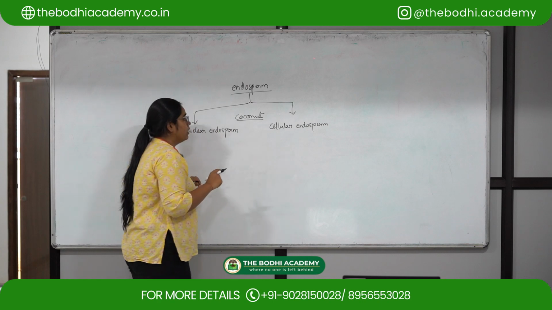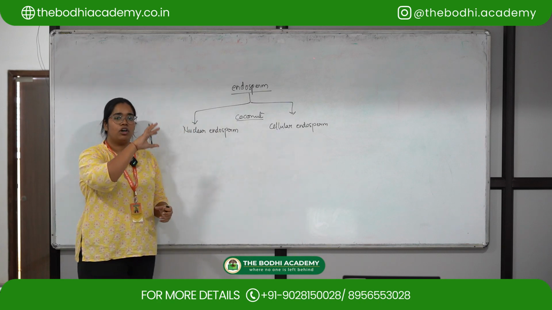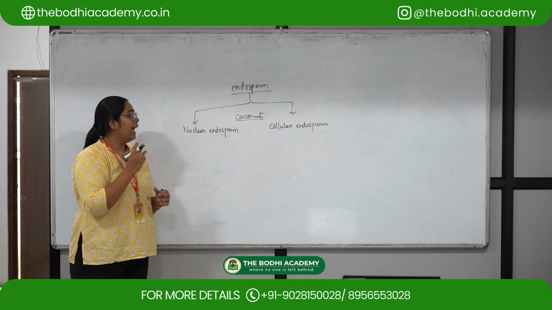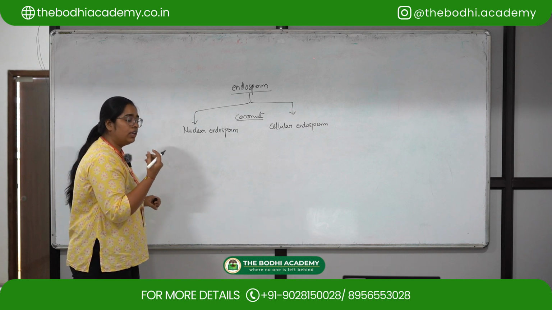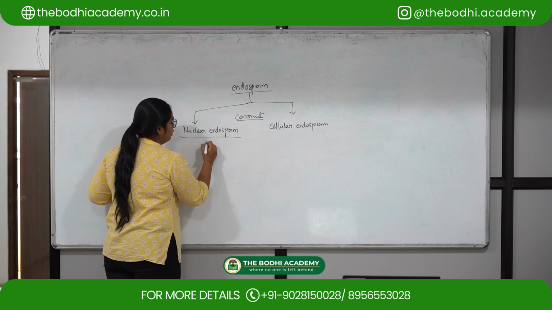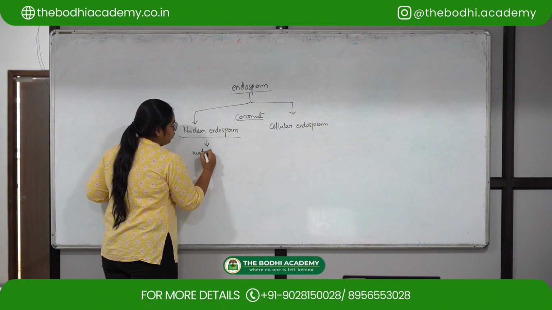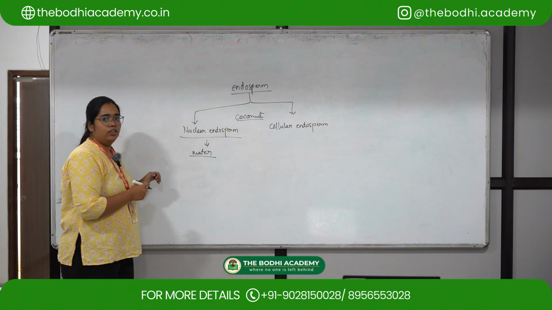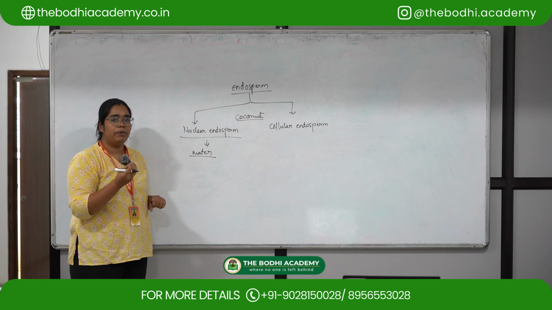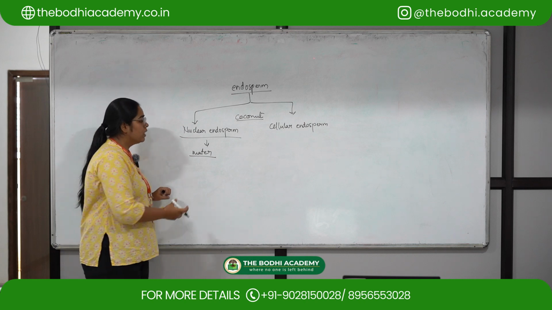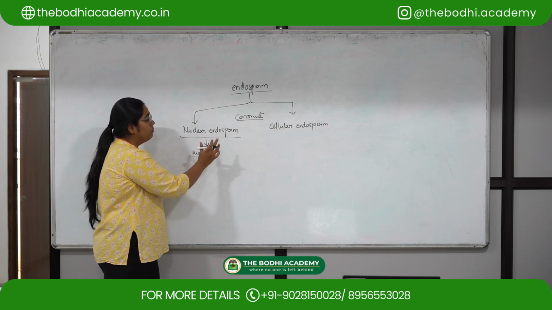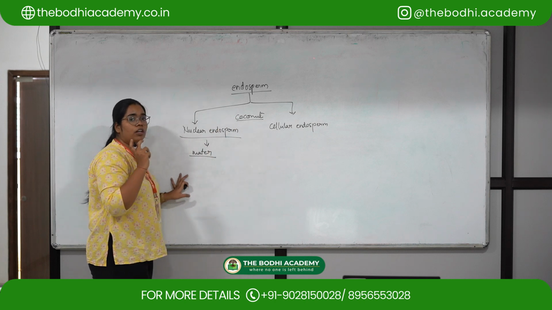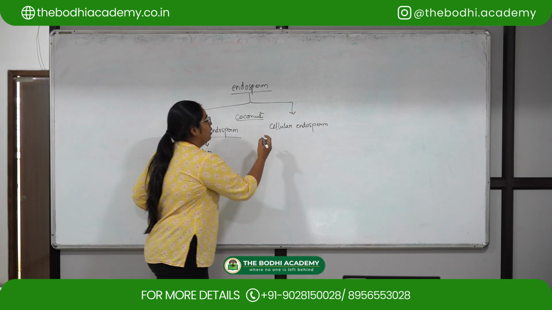So inside coconut, we know that coconut consists of the white kernel and the water. The water of coconut consists of nuclear endosperm, that is, only the nucleus will be present inside the endosperm. So that is called a nuclear endosperm, which is present inside the water of the coconut. And then cellular endosperm.